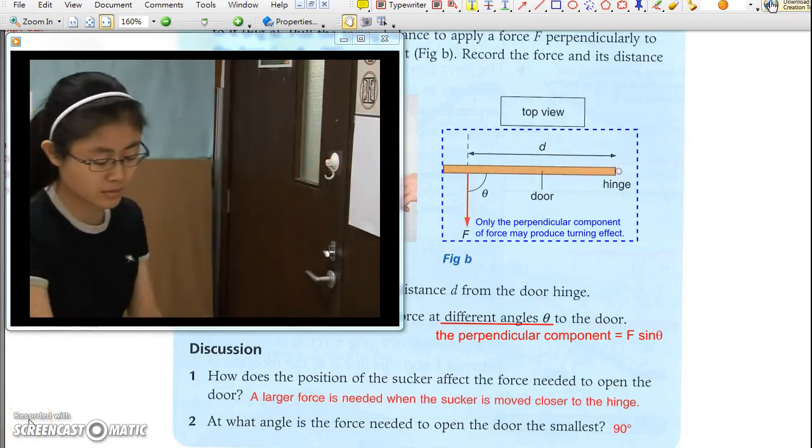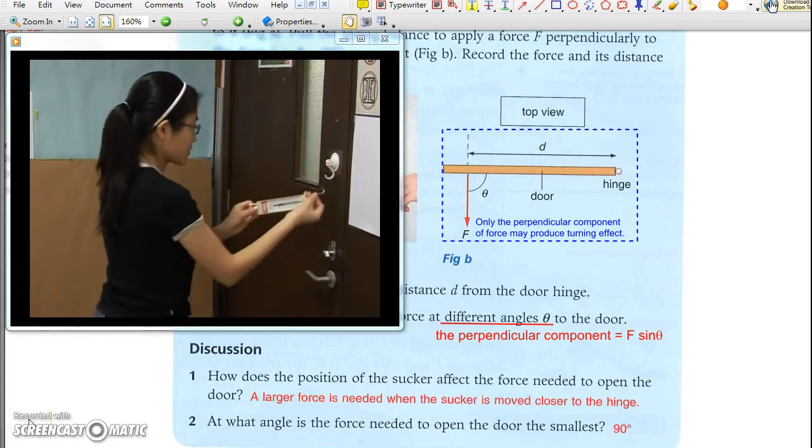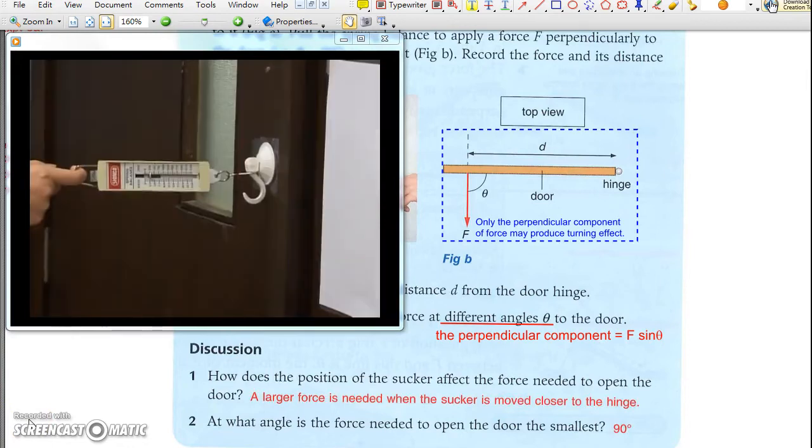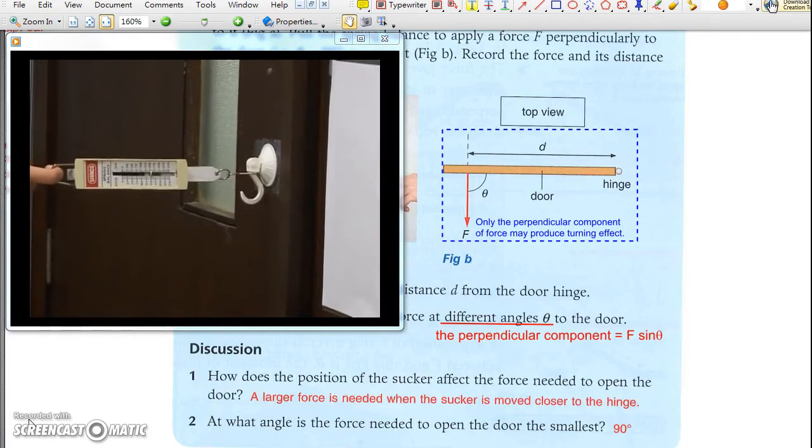The position of the sucker affects the turning effect. At the beginning of the video, the pulling force is applied further from the hinge. The turning effect is large.